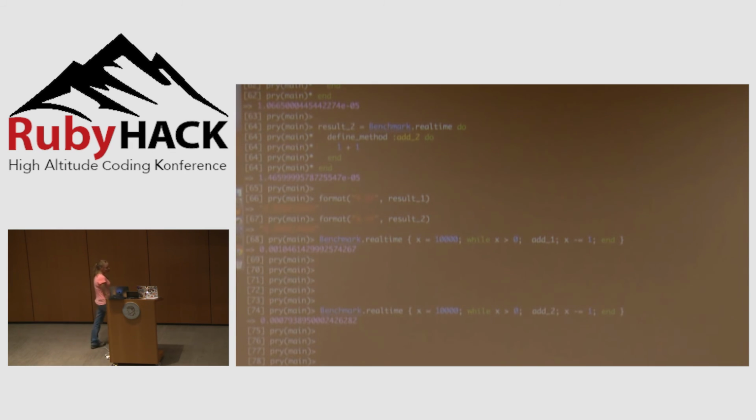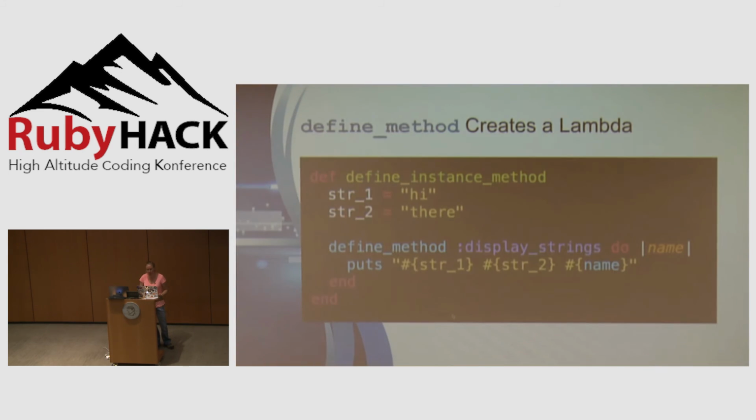So yes, the method is slow when you create it using define method, but what it does do is allow this bit of code over here to work, because you'll notice we've again got a method with local variables, which are then used inside this block. But we now know that once define instance method exits, string 1 and string 2 will be wiped off the stack and will theoretically not be available to this instance method anymore.